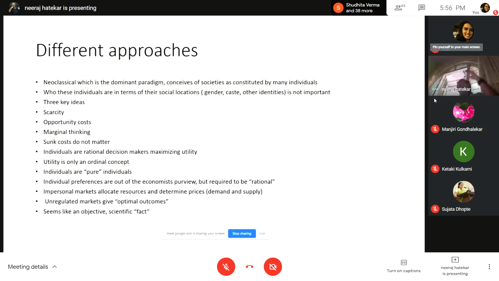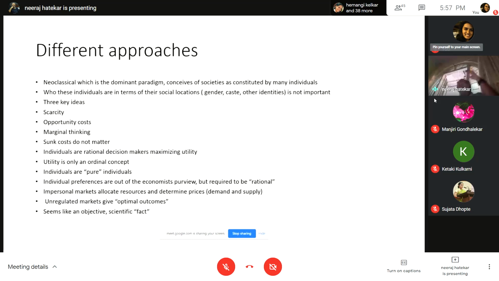So this is really broadly what neoclassical economics is about. Your society consists of many disembodied individuals, all of whom can put all their preferences in order, who can always compare the various alternatives before them on a similar scale, who are rational in the sense that they maximize their utilities, working on marginal principles. This results in a market mechanism of demand and supply, where resources get allocated optimally.